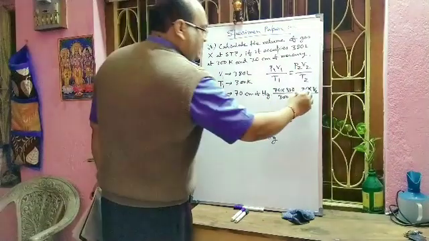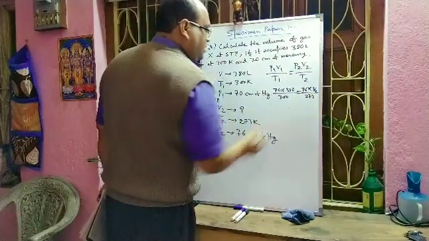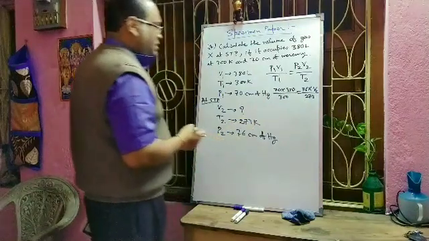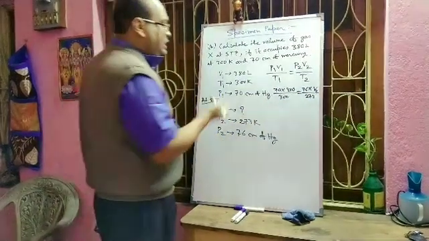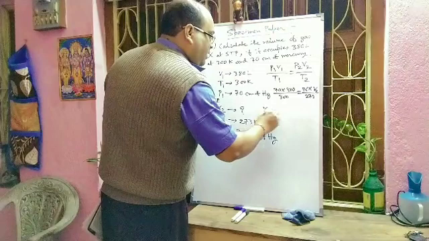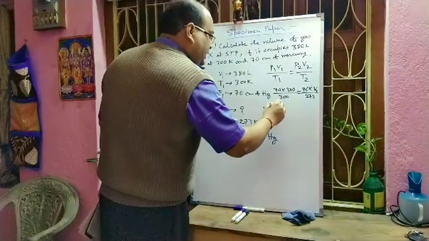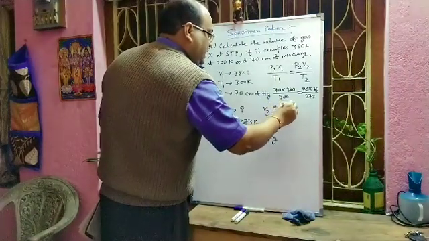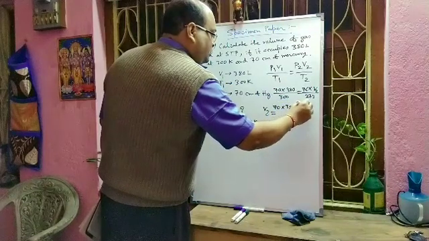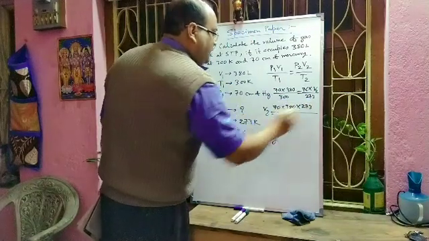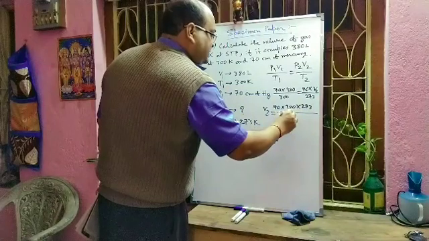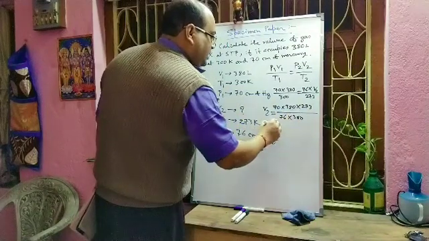T2 is 273 Kelvin. Okay, so you will get the V2 value in liter. So V2 will be equal to 70 into 380 into 273 divided by 76 into 300 liter.